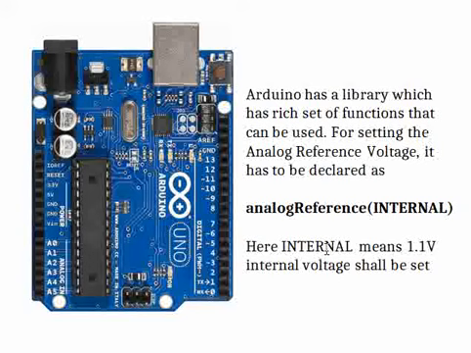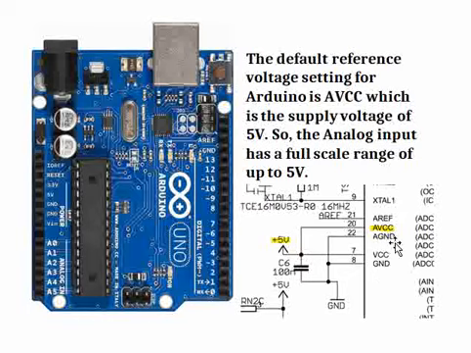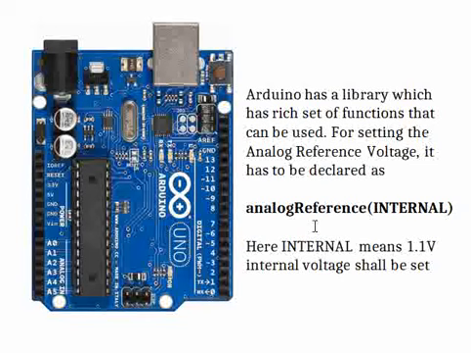In that case, your full scale voltage is restricted to 1.1 volt. If you say analogReference of EXTERNAL, you can see here external is AREF, which takes AREF based on the voltage that we supply to the AREF pin of the microcontroller. So a very, very important point. Now you can see we started looking into the inbuilt functions of the Arduino. Once we write the program, we have to know these default functions so that we can start our program.